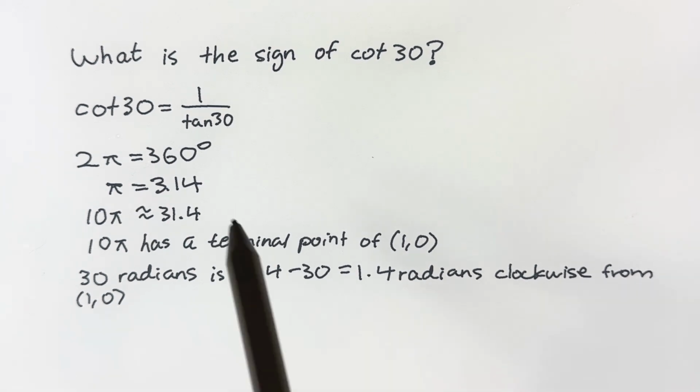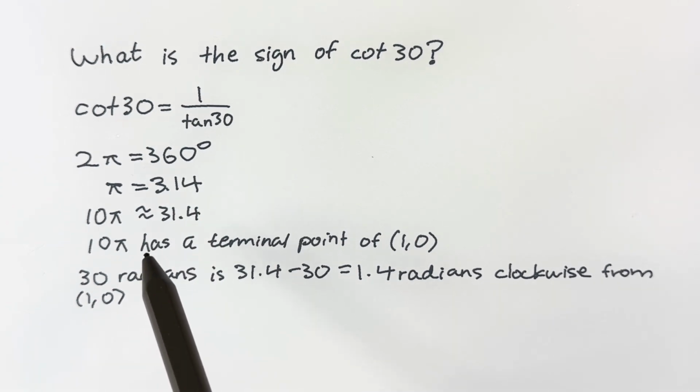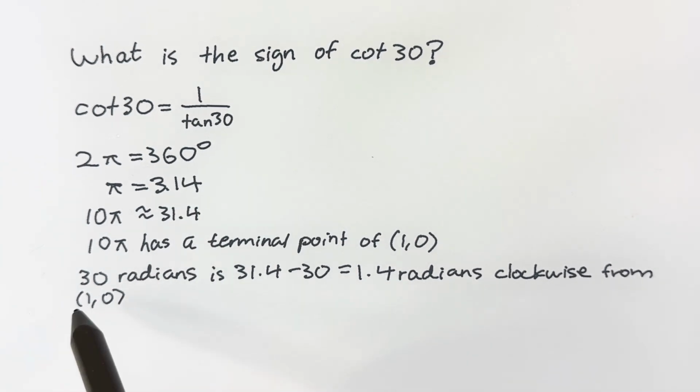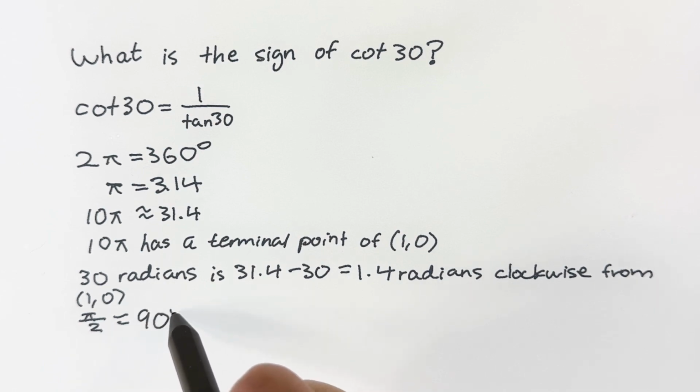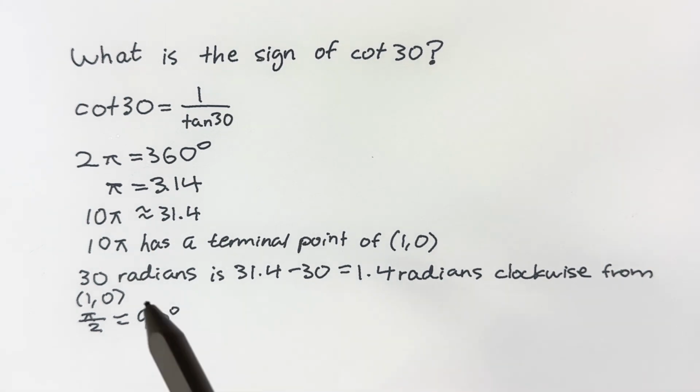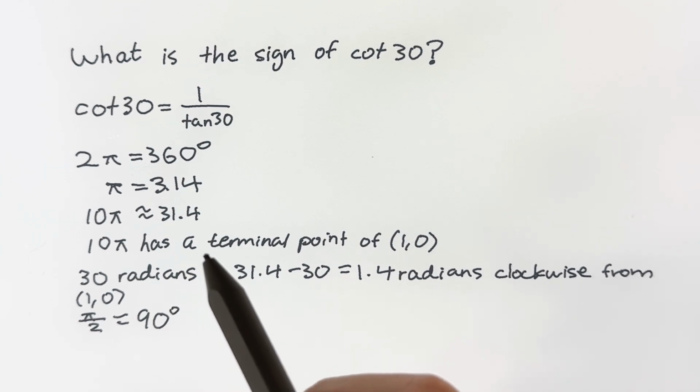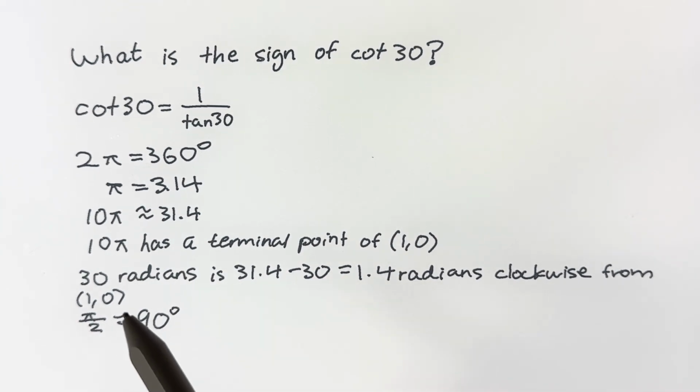Pi is approximately 3.14. So this means that pi over 2, and pi over 2 is 90 degrees. But pi over 2 is greater than 1.4 radians, because pi equals 3.14.